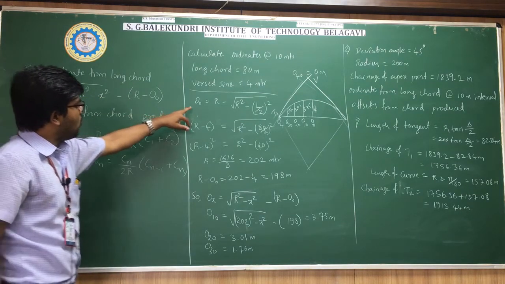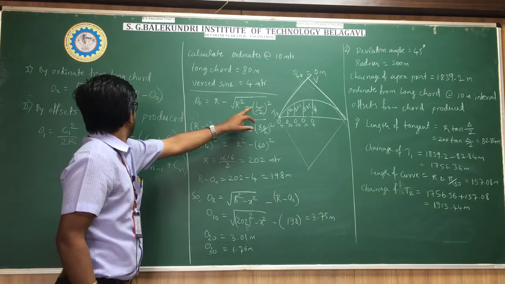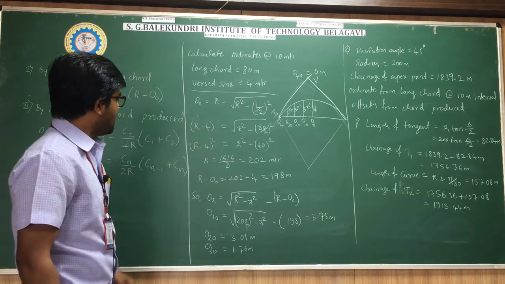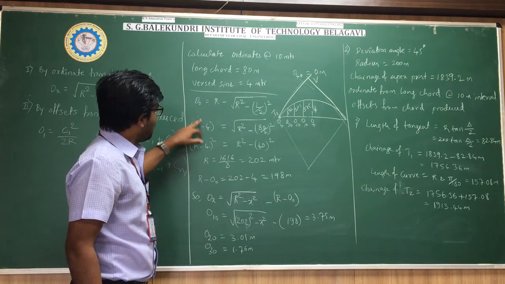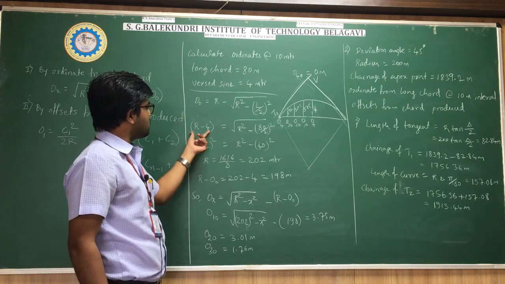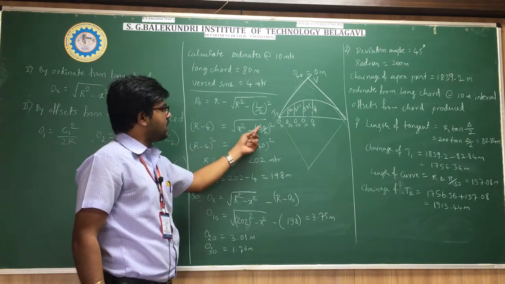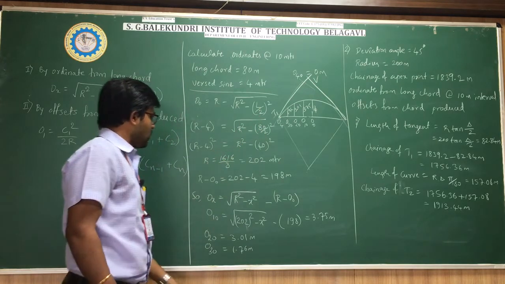O naught is r minus root of r square minus (L by 2) whole square. Here, r minus O naught, where O naught is already given as 4 meter, equals root of r square minus (80 by 2) square.